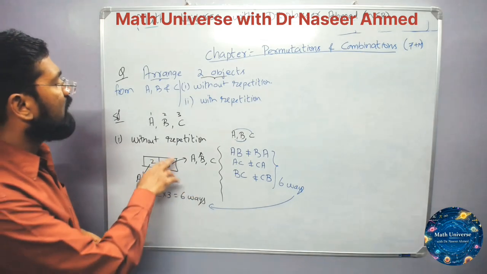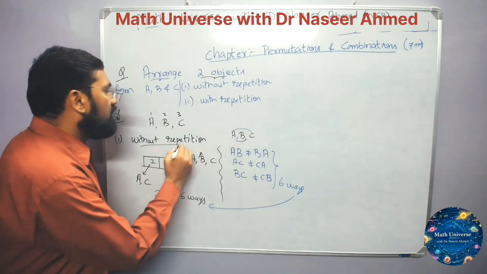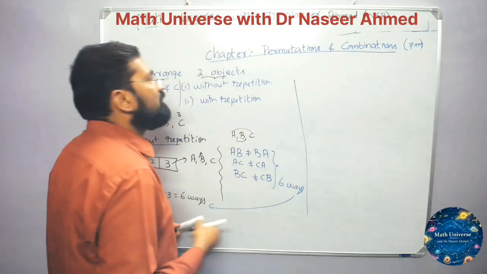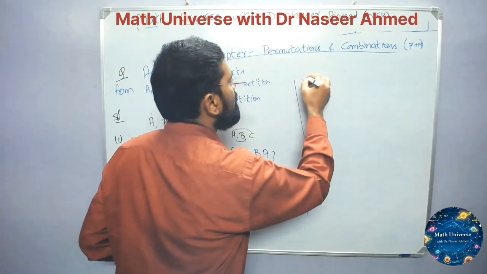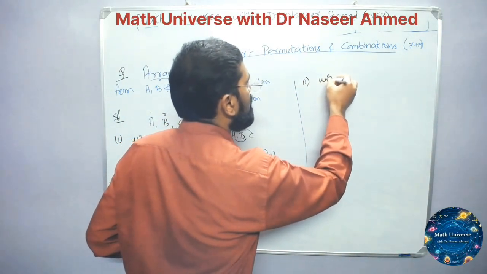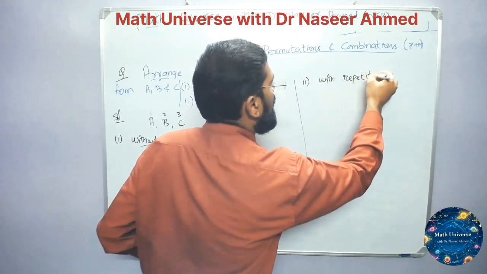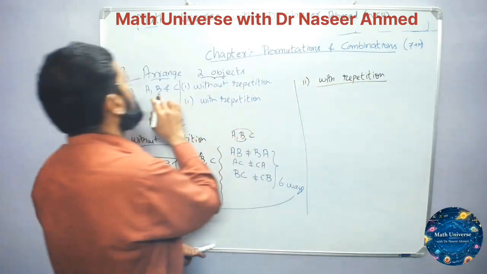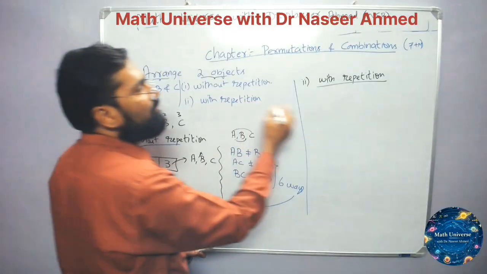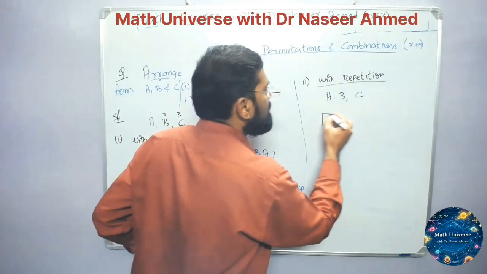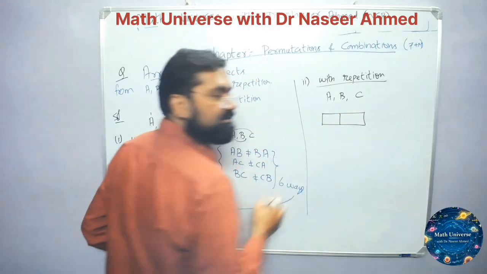Now here it is without repetition. Now let us move on to with repetition. So again the same objects given, 3 objects, and I want to arrange only 2. So A, B, C. Since 2 objects, how many boxes? 2 boxes.